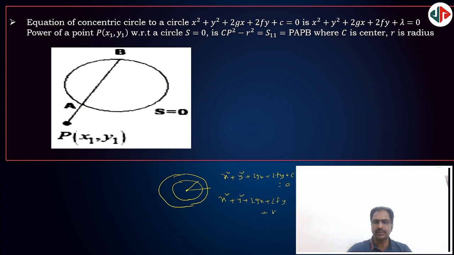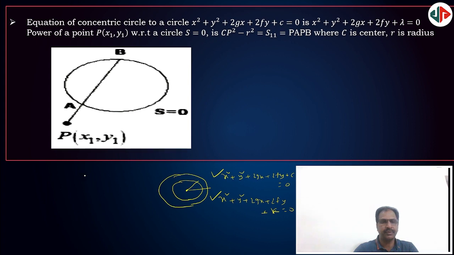So you have to change the constant. Instead of c, write some k. So this is the equation of the concentric circle for the given circle. If you observe those two equations, it is very clear that two concentric circle equations differ by a constant. Okay.